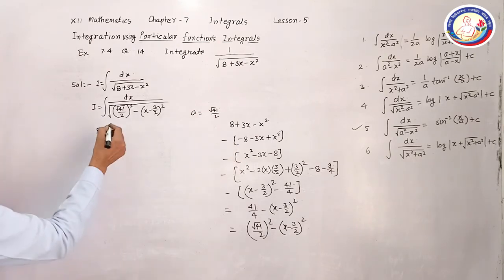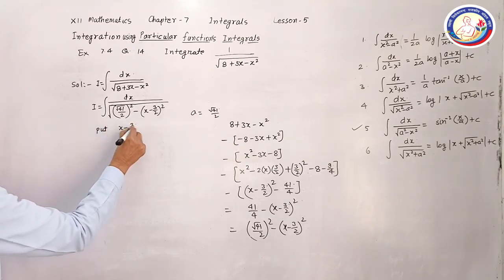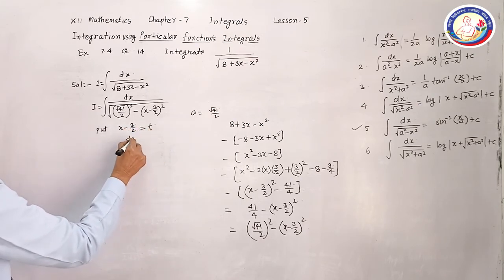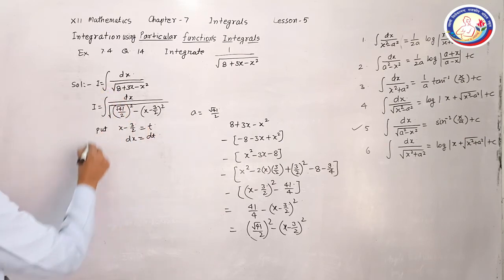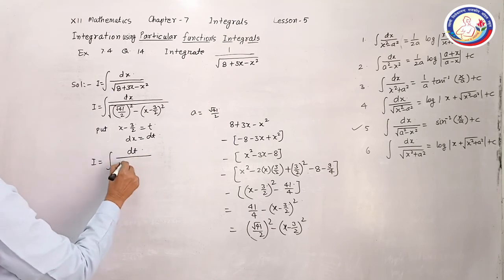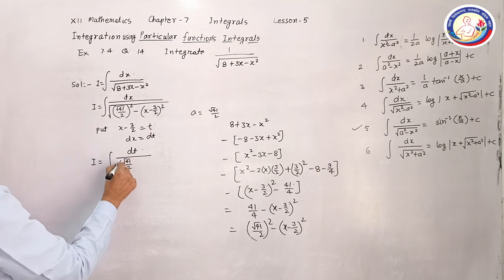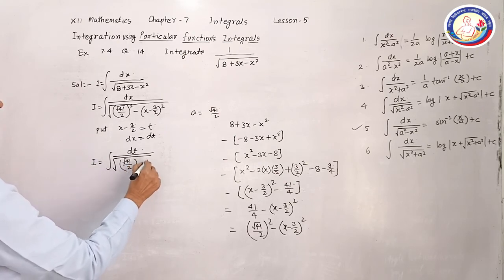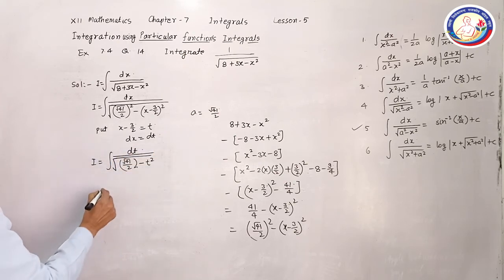I will tell you later. Put x minus 3 by 2 equal to t. So dx will be equal to dt, and this will change into dt upon square root of (square root of 41 by 2) whole square minus t square.